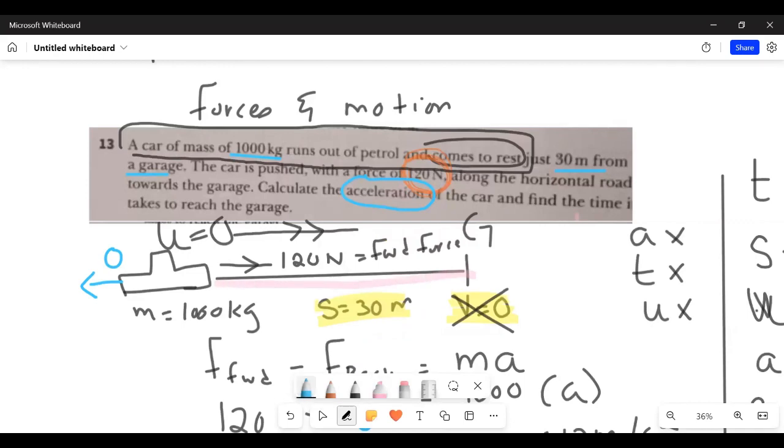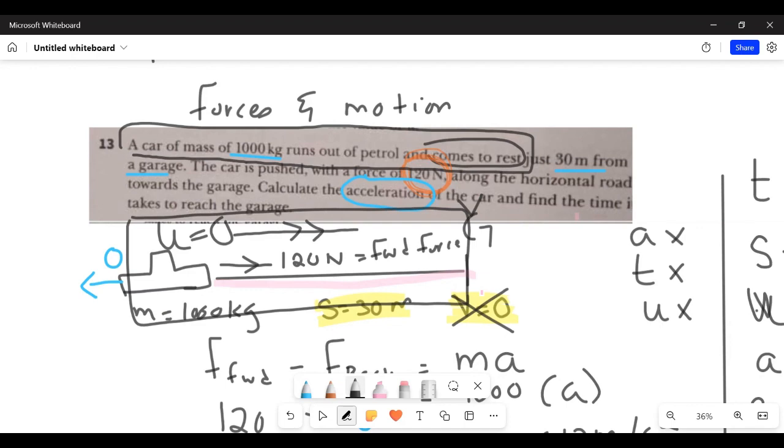So since we're talking about this movement from the point where it stops till the garage, so U is actually 0. V तो वो speed होगी जिससे उसको एक धक्का पड़ रहा है और फिर वो it will start moving again and then it will reach the garage with some certain velocity. ठीक है, so that's going to be V, that's not going to be 0.